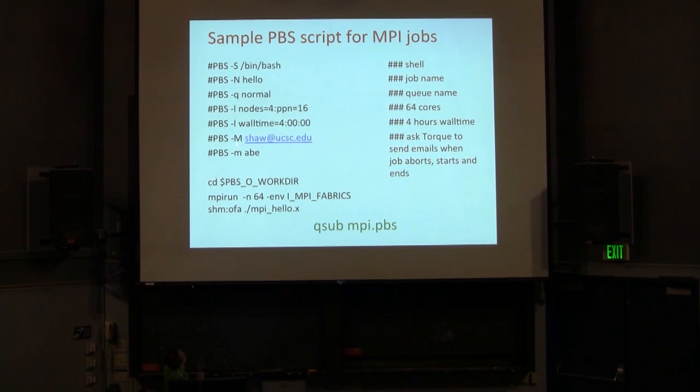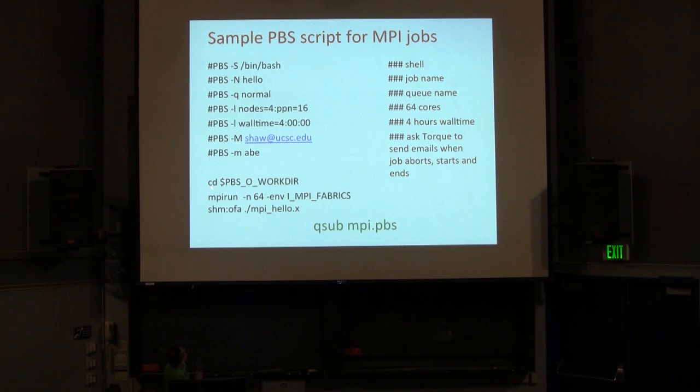You can also add this option, where you provide your email. Here it says I want the queuing system to send me email when the job aborts (A), begins (B), or ends (E). So whenever your job gets to run, finishes, or fails for some reason, you get an email for that.